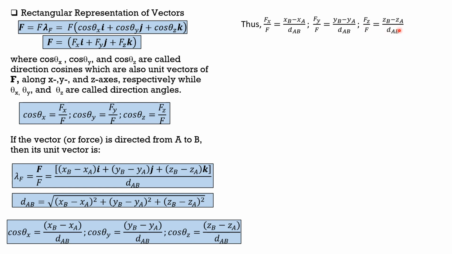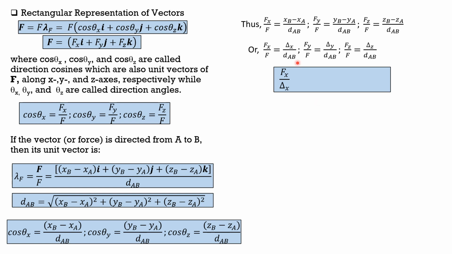Fz over F is zB minus zA over distance AB. Or Fx over F equals delta x over distance AB, Fy over F is delta y over distance AB, and Fz over F equals delta z over distance AB.